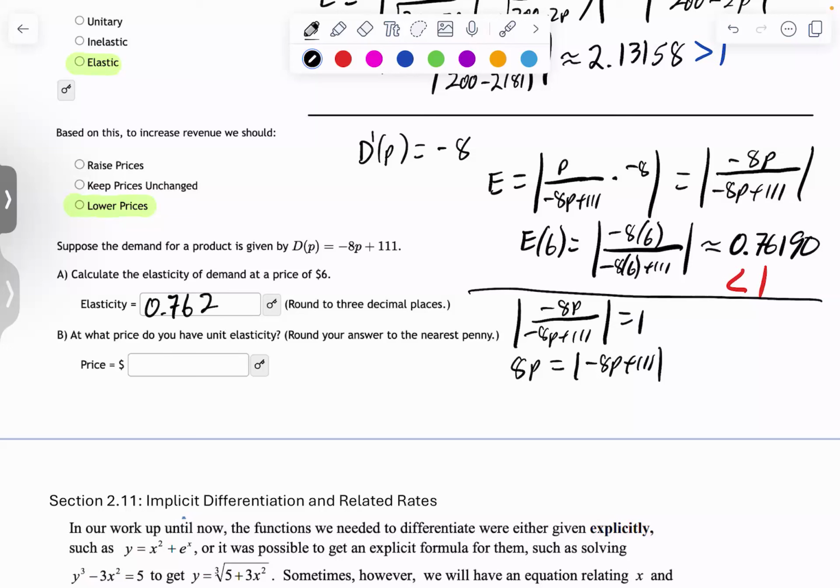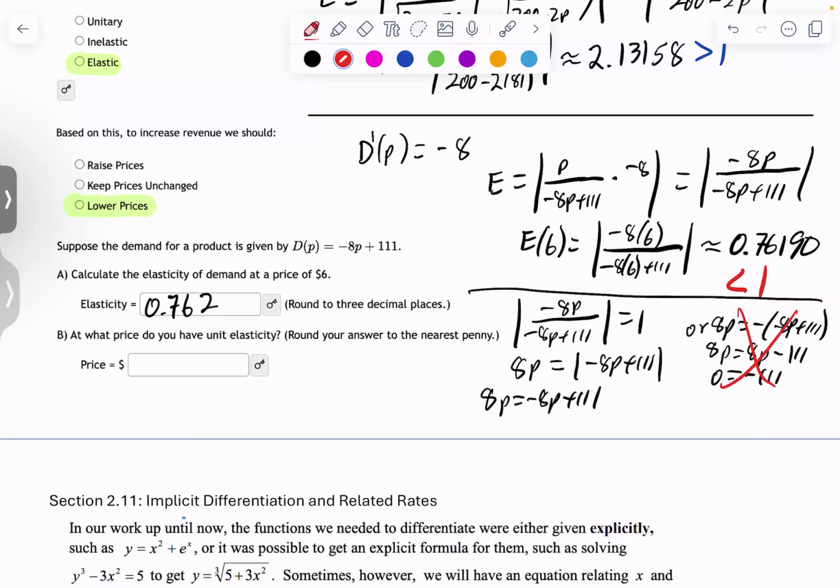Right, and if you remember your algebra, this means that either 8p equals -8p plus 111, or 8p equals -(-8p plus 111). In this one, we have a problem, because all the p's go away. So this is definitely not the case, so we're going to go ahead and cross that out.